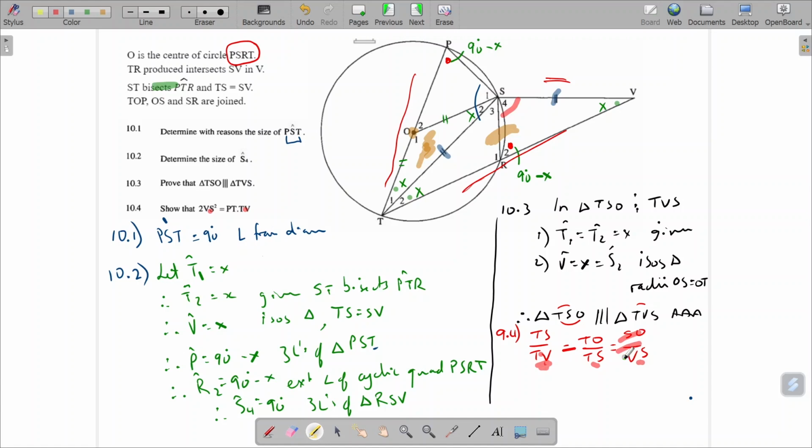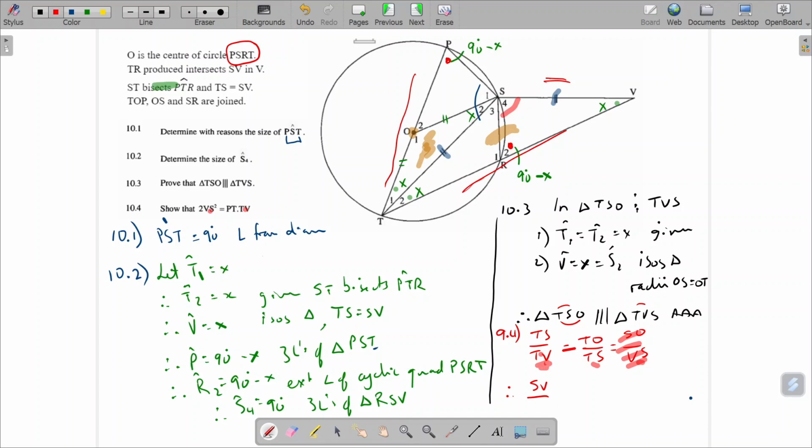I hope I'm doing it correct. TS, well, we know that TS is the same length as SV. So we've got TS squared.